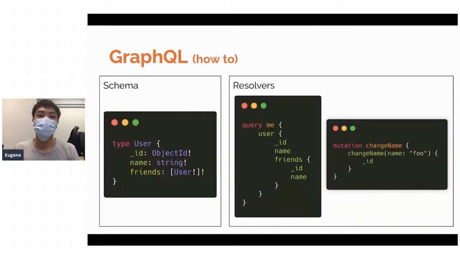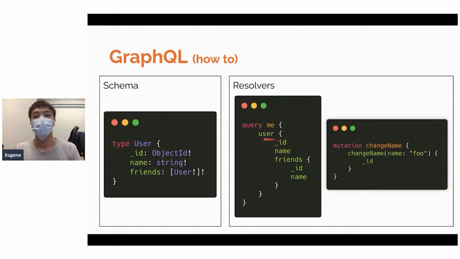So how to use GraphQL? The first thing is that you have two parts. The first one is the schema. For each schema, you will have the type, for example in this case the user class, and you can define each of the fields. And the resolvers are the functions for whichever one you want to use.